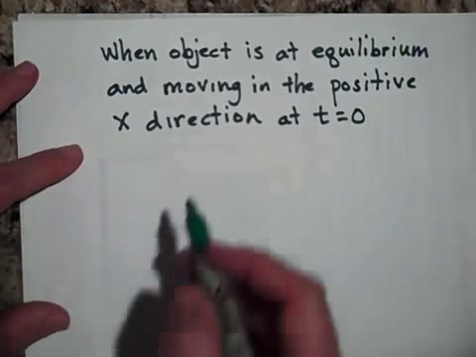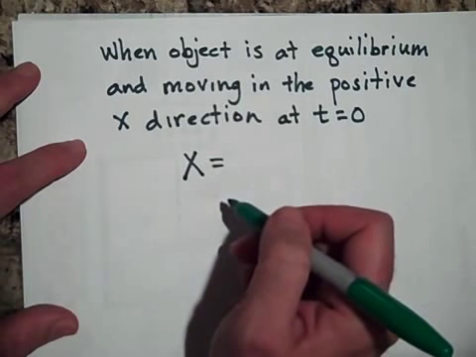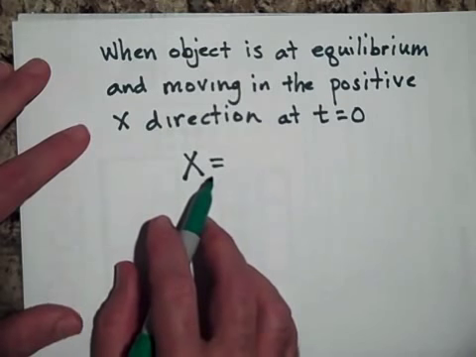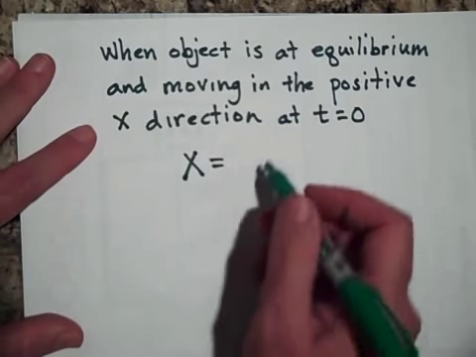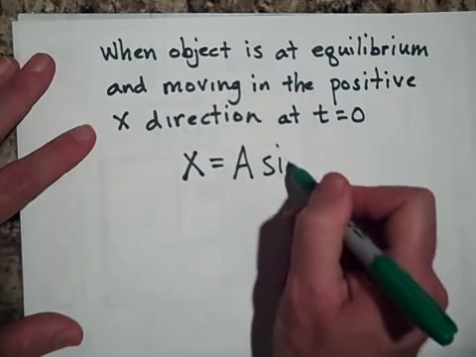Then the position function will look like this. What function, sine or cosine, is at 0 when t equals 0? That would be A sine omega t.